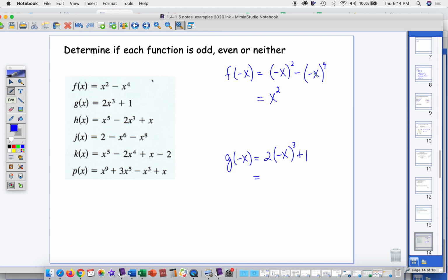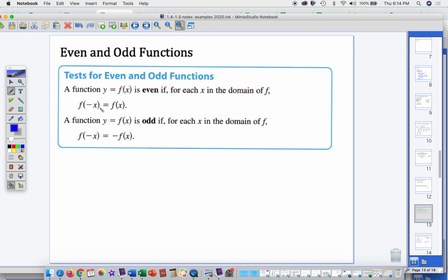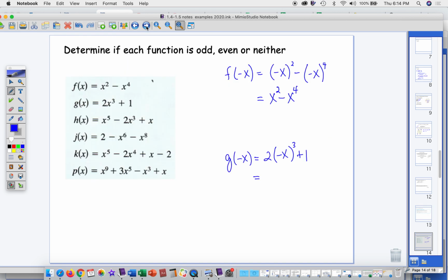Raising to the 4th also makes this positive, so I have minus x to the 4th. So when I compare, this is exactly the same as the original function. So when f of -x equals f of x, that means that f of x is even.